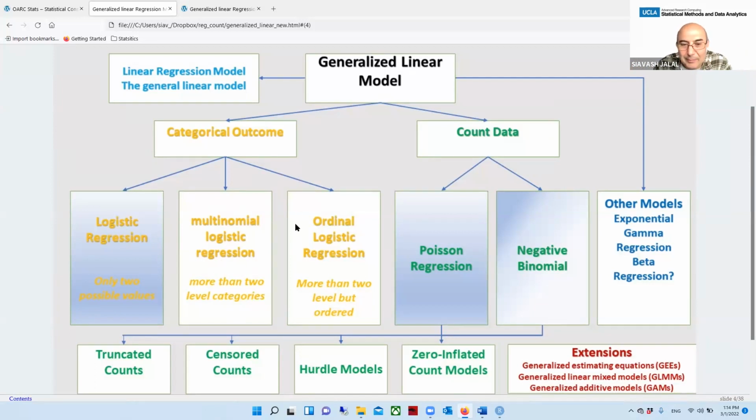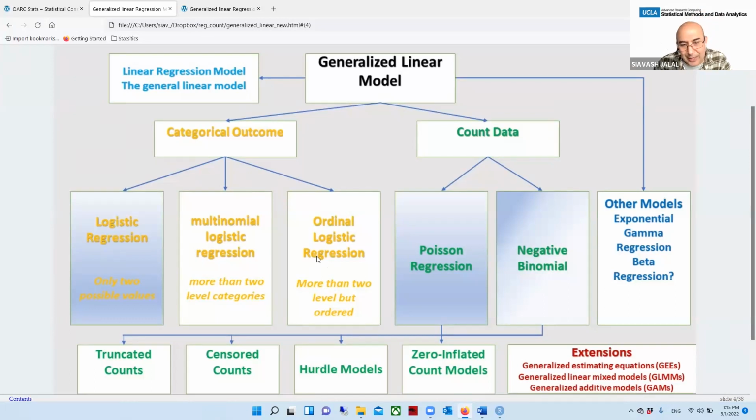And things get more complicated when you go to ordinal logistic regression. There are some assumptions involved here. Ordinal logistic regression has an outcome with more than 2 levels, because if it's 0, 1, it's already ordinal, so there is no difference.